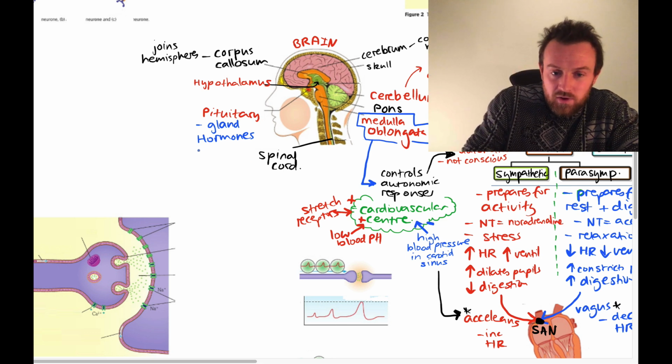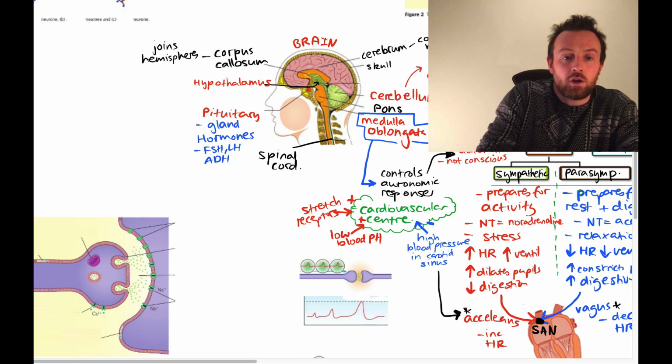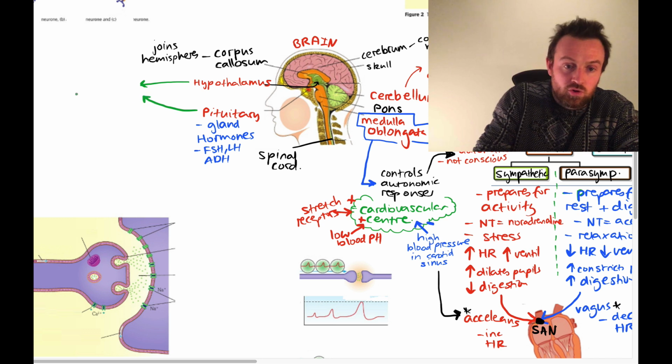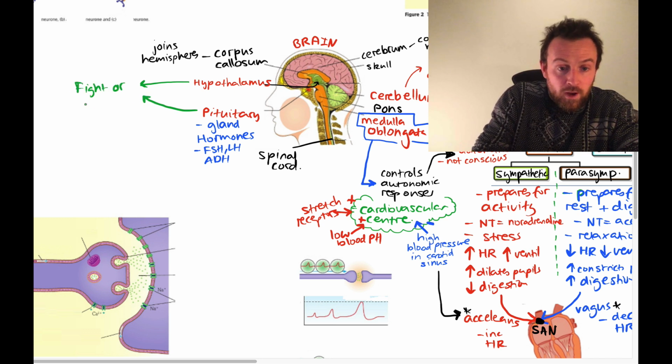So you could make a list of a couple of those, if you want: FSH, LH, ADH, etc. But we're going to look a little bit in more detail about how these two together control the fight or flight response.